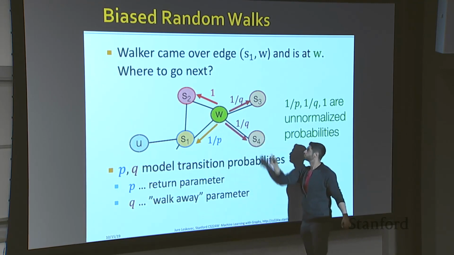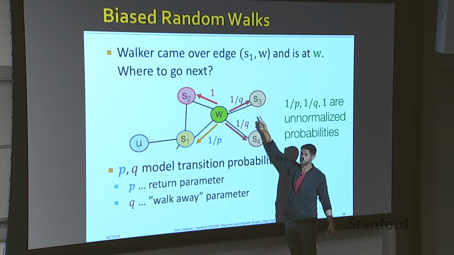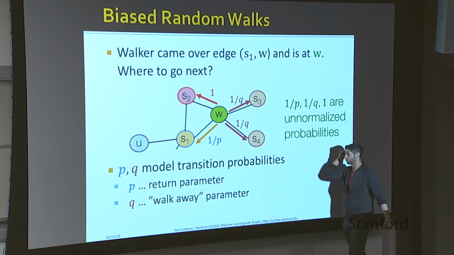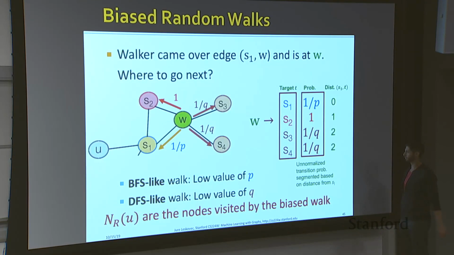And then with probability 1 divided by Q, it will go out, okay? It will walk away and it will start to perform a DFS. So we'll start to explore nodes away in the graph, okay? So these are our transition probabilities. And that's how they're gonna look like, okay?